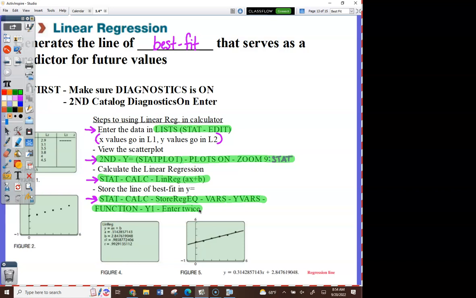So that would be going to lists. Then you're telling the calculator, hey, now that you've got the points, turn the scatter plot on so I can look at it. Then you're saying, now I'm ready for you to tell me the line of best fit. And while you're at it, stick it in y equals 1, y1 for me, so I don't have to type it. Okay?